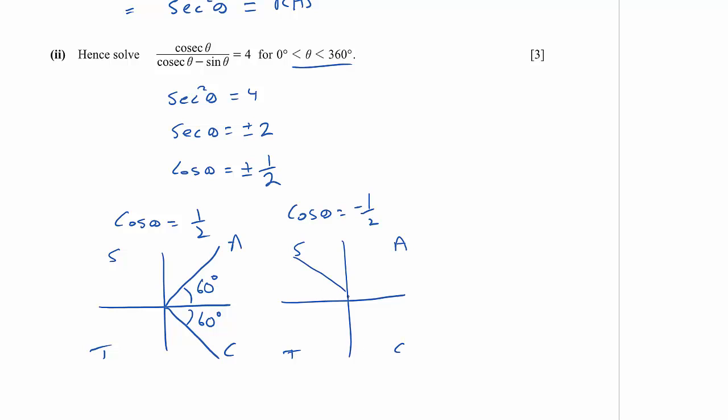So we're going to have an angle there and an angle there. They're both going to be 60s, like so. Between 0 and 360, if we put them in order, we're going to get 60 degrees, then we'll get this one, which is 120 degrees, and then we'll get that one, which is 240 degrees, and then finally we'll get this one, which is 300 degrees.